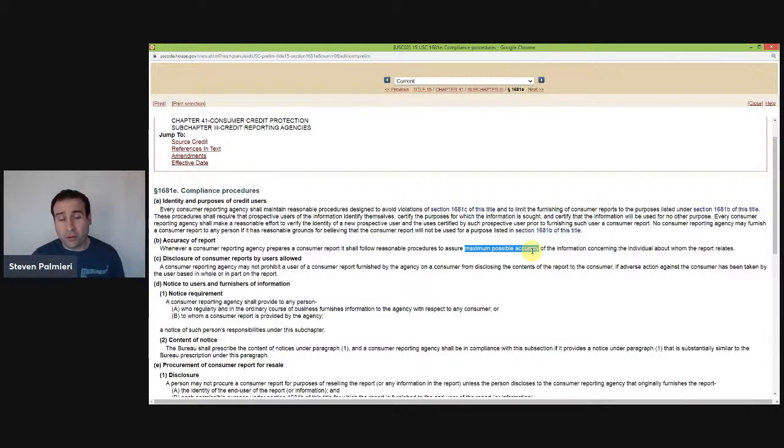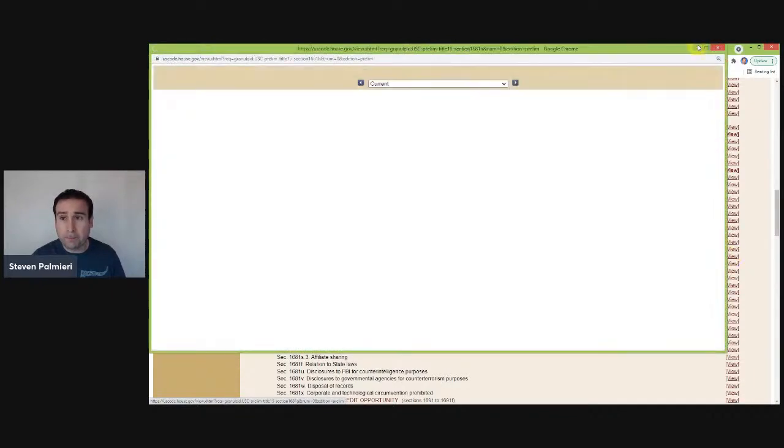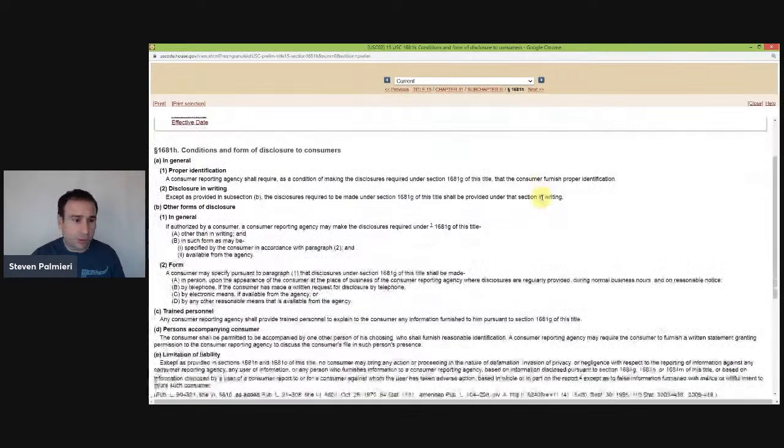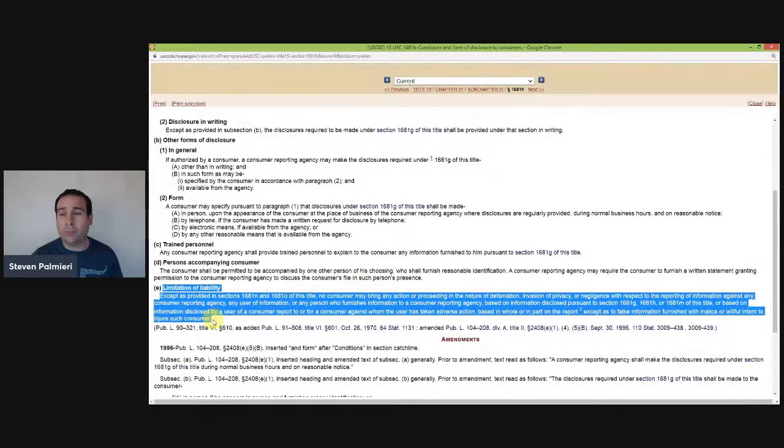The problem that most consumers and credit repair organizations have is they do not really read this with its counterpart, which is the limitation of liability. They just say, oh, they're supposed to report maximum possible accuracy. Well, if we look at 1681h(e), if we go back down here, this is essentially what I would call the counterpart to the maximum possible accuracy.